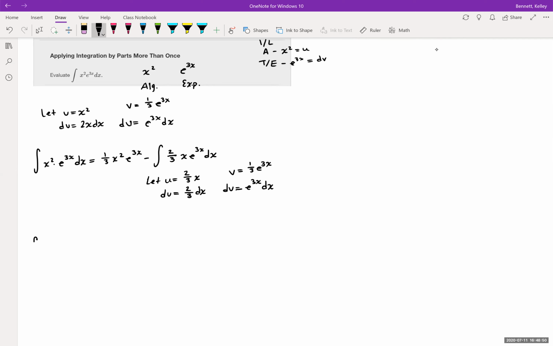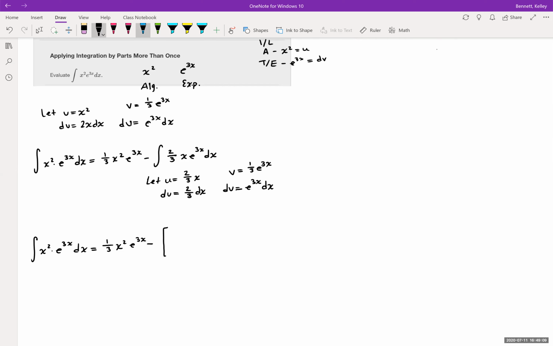So now just writing this whole thing from the beginning again, we have the integral of x squared e to the 3x dx. I still have my first part. That doesn't go anywhere. But now I'm going to subtract this whole thing.